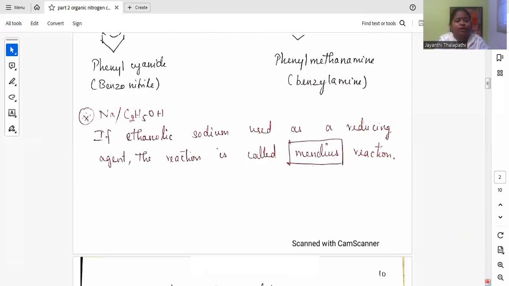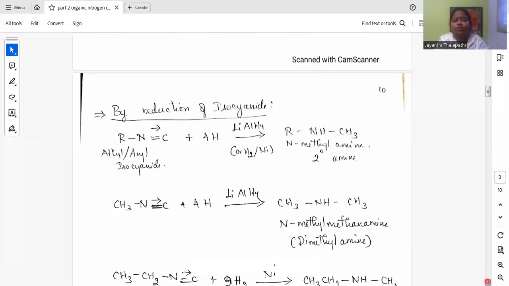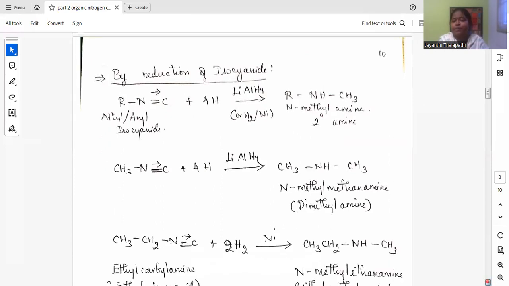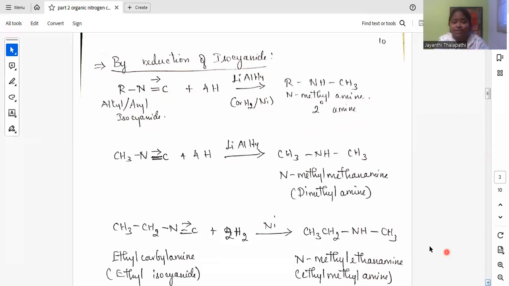Okay. Next, by reduction of isocyanide. So cyanide is RCN, isocyanide is R group with NC. So N triple bond C, and one of the bonds I put an arrow, which is a coordinate bond, right? So RNC. Over here the hydrogen binds with the nitrogen and carbon atom as we have seen in cyanide, right?